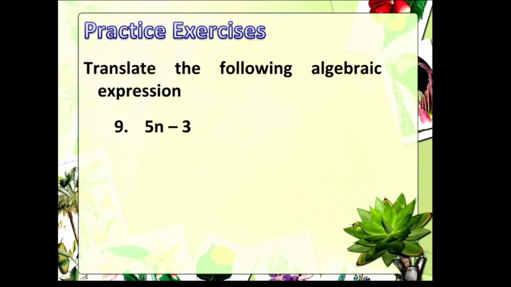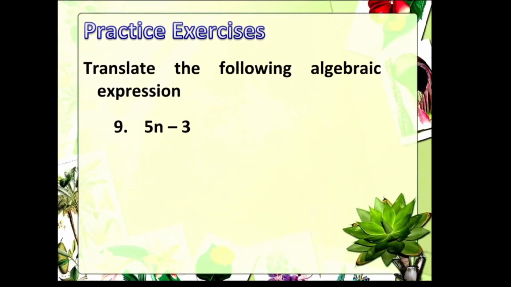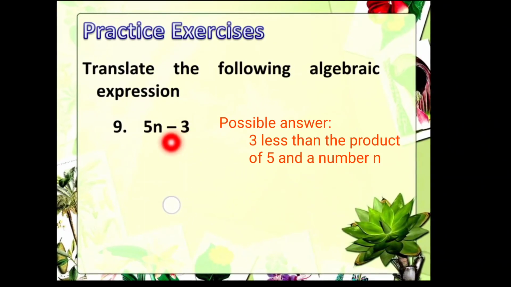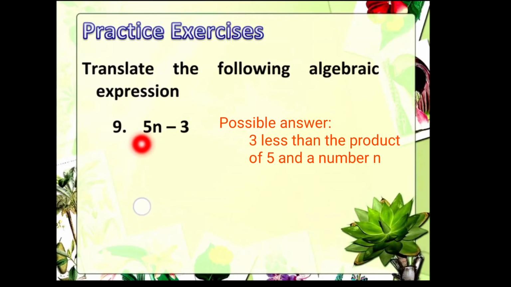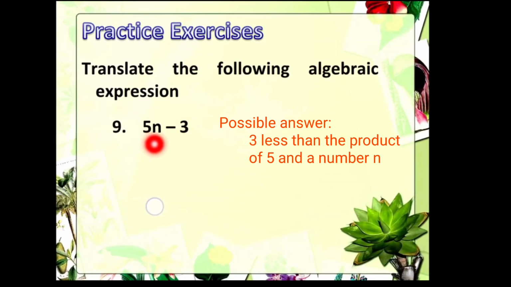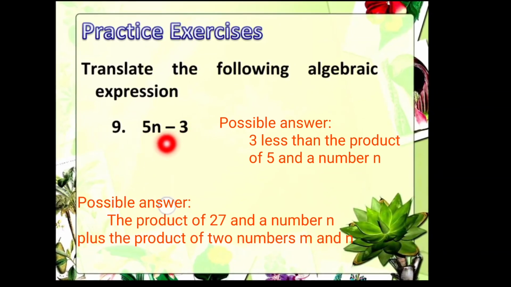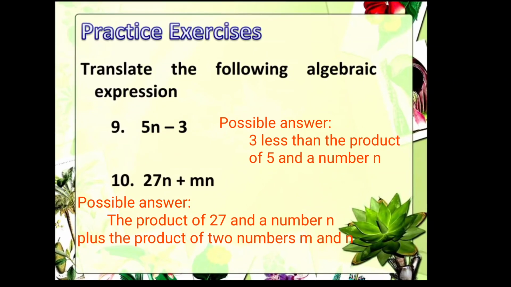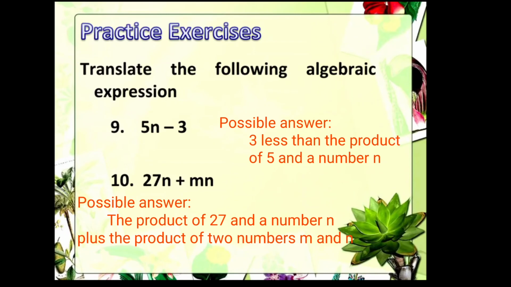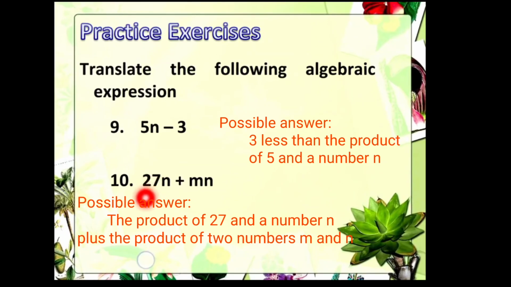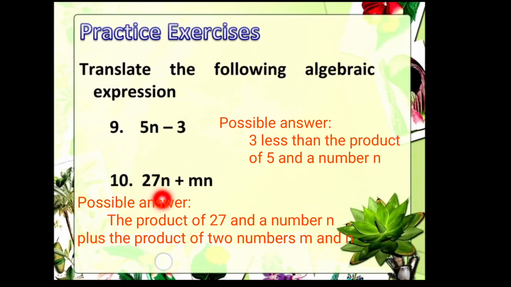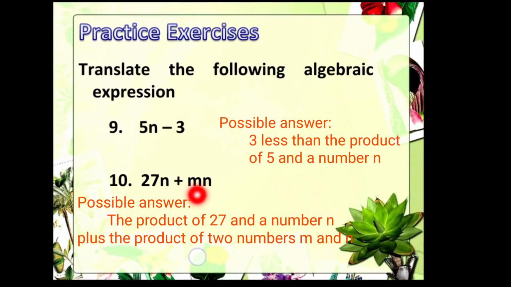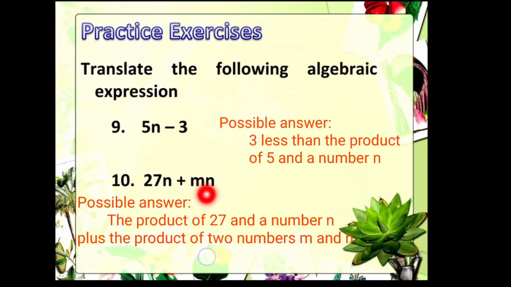We can say that it is 3 less than the product of 5 and a number n. How about this one, number 10? The product of 27 and a number n plus the product of two numbers.